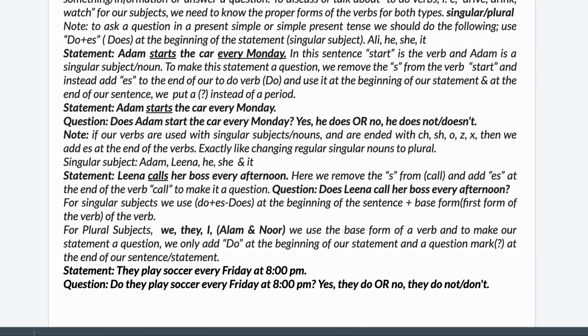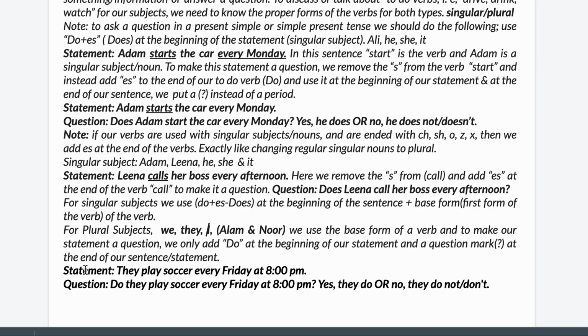For plural subjects, when we talk about we, they, I, Alam and Nur, we use the base form of a verb, and to make our statement a question, we only add do at the beginning of our statement and a question mark at the end of our sentence or statement.